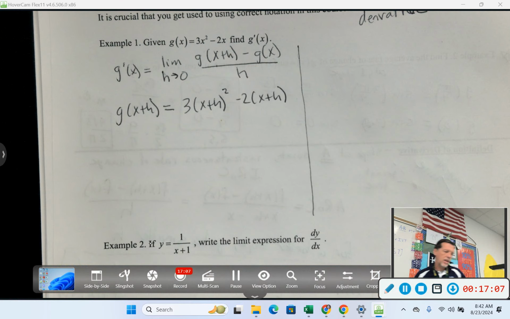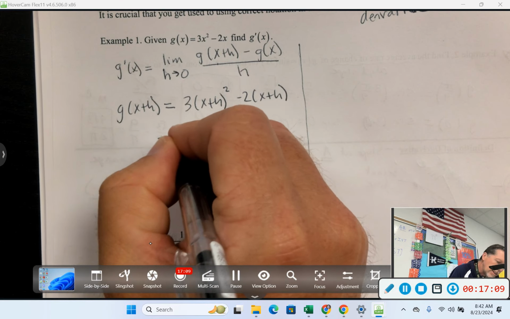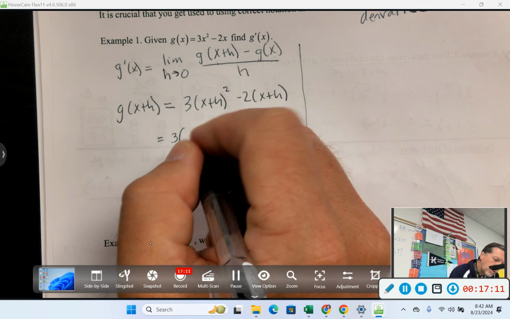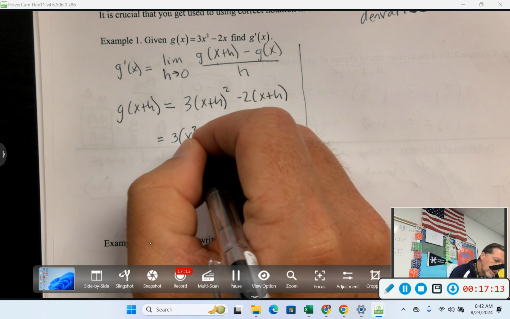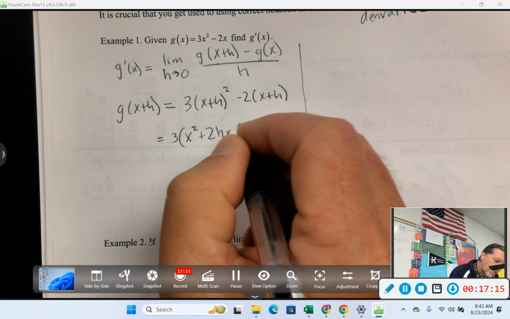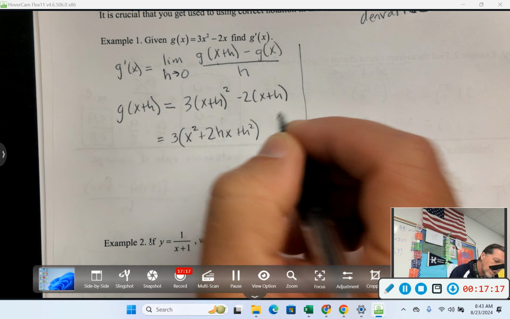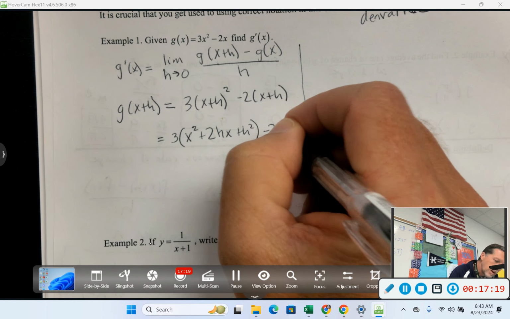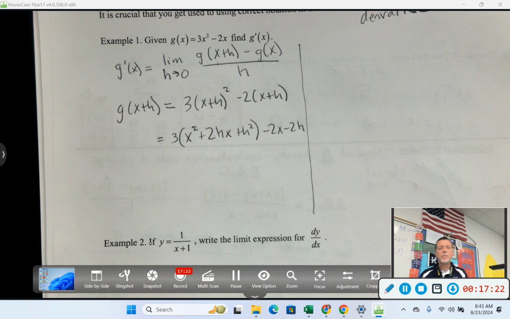So 3 times x plus h squared would be x squared plus 2hx plus h squared, minus 2x minus 2h. And then I guess we could distribute the 3.